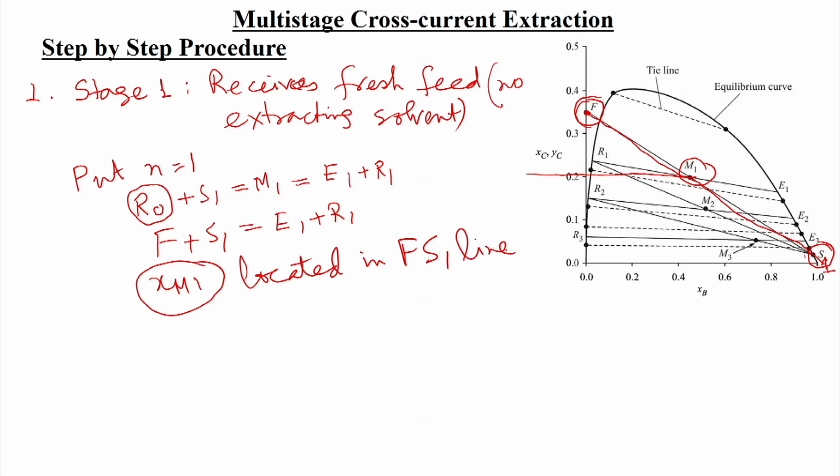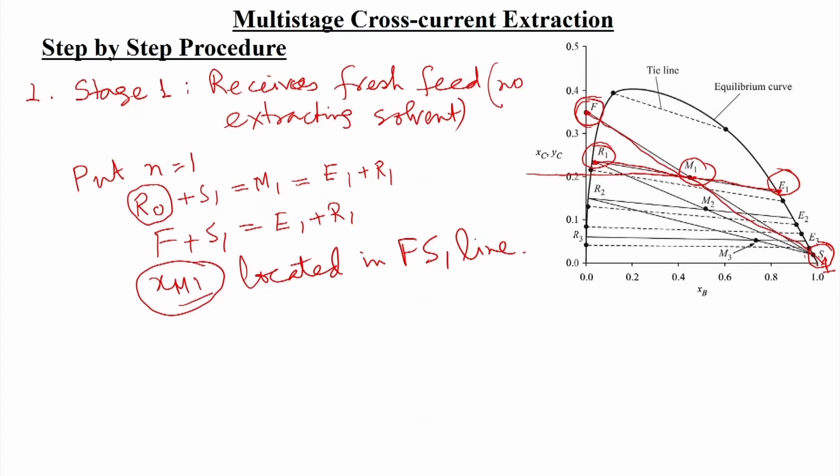Now, we told that whenever we have this M point, M1 point, or we can say the mixture point, we allow this mixture to be separated into raffinate and extract phases, that is in equilibrium. So, it will be separated into two parts, one is the raffinate, another is the extract.